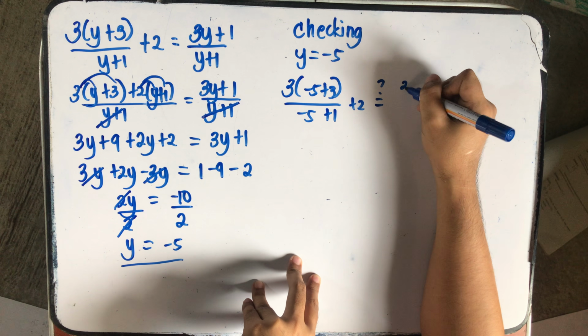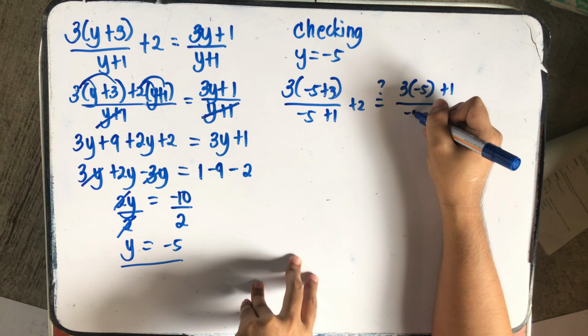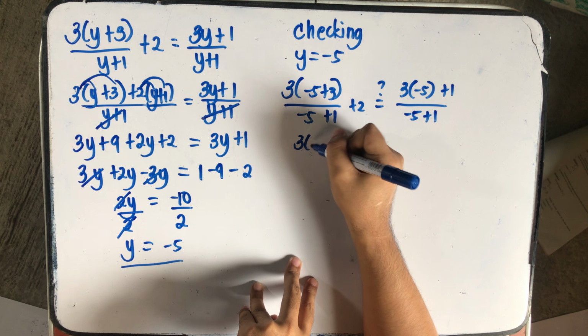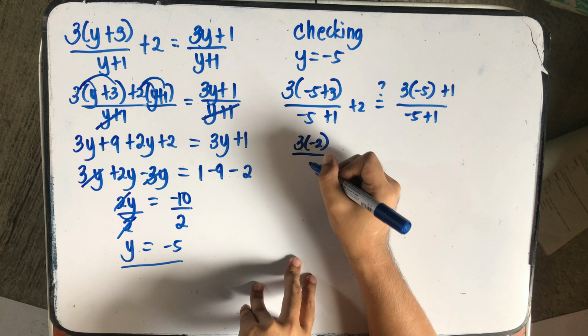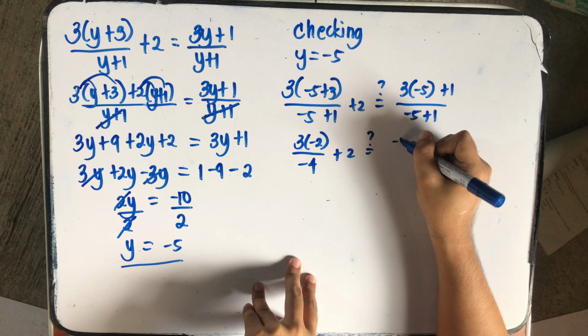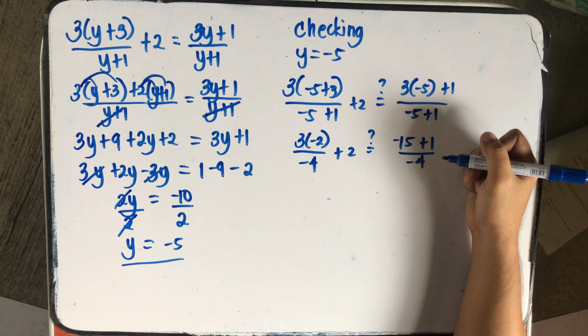Is it equal to 3 times negative 5 plus 1 over negative 5 plus 1? Negative 5 plus 3, that becomes negative 2 over negative 5 plus 1, that becomes negative 4 plus 2. Is that equal to negative 15 plus 1 over negative 4?